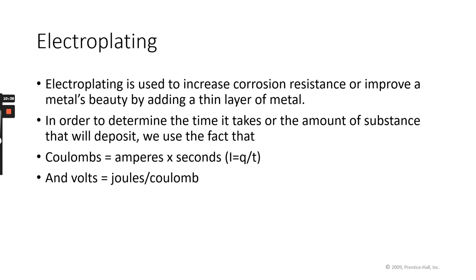In order to determine the time it takes or the amount of substance that will deposit, we use that a coulomb is equal to amps times seconds. This is where we get the equation on the previous page. And a volt is equal to a joule over a coulomb. And that is the end of part 4.